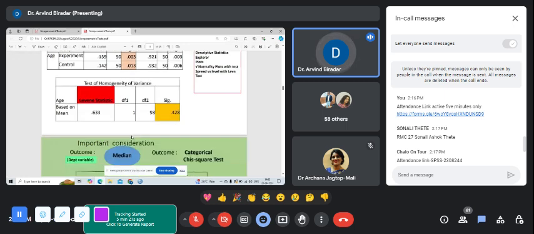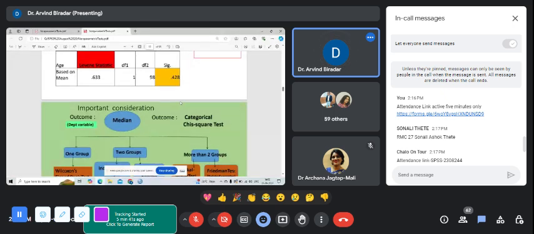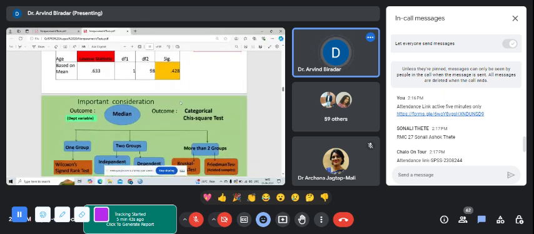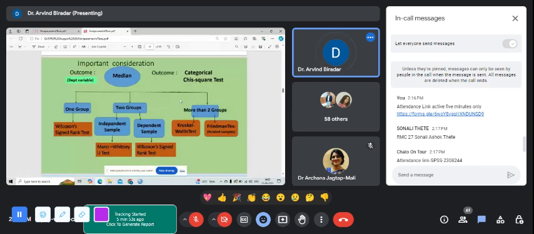So this value is 0.428, greater than 0.05, accepted. This Levene test is based on the mean, not significant. So this chart is most important. At a glance you can study it. See that, this is a master series.